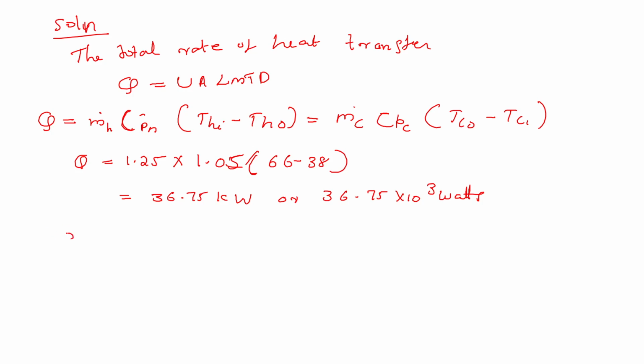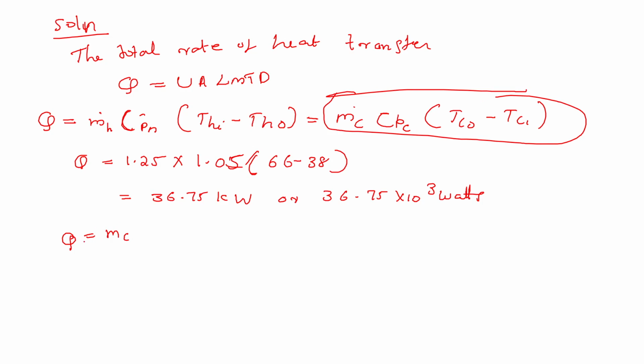Then you know that Q is equal to MC CPC times TCO minus TCI, so substitute these values. You will get 36.75 is equal to 1.6 times 1.05 times TCO minus 15.